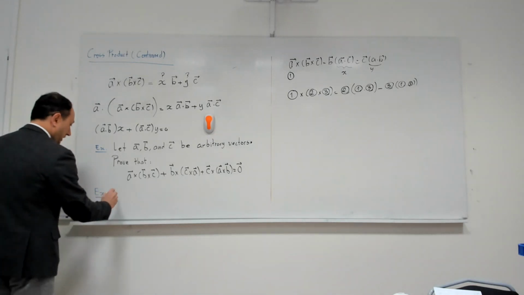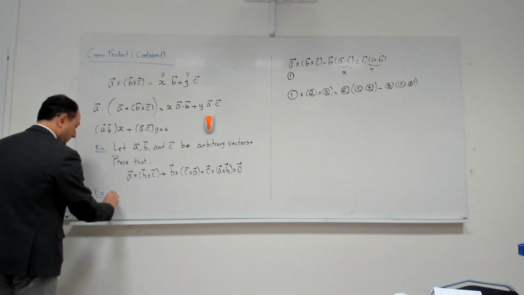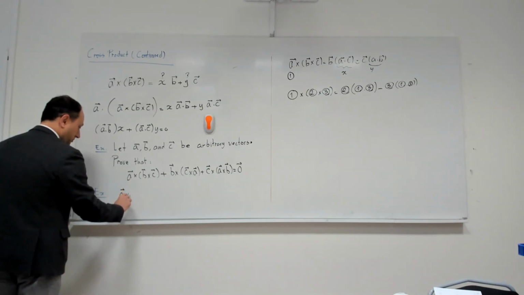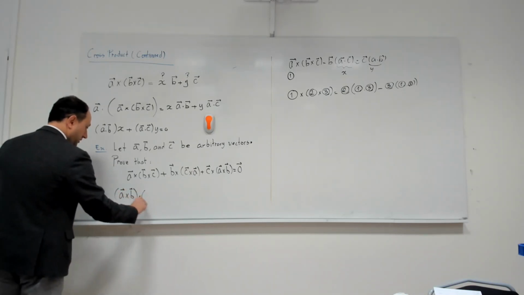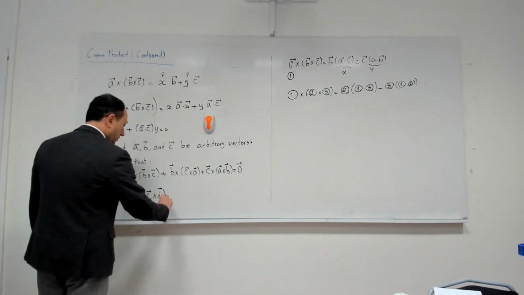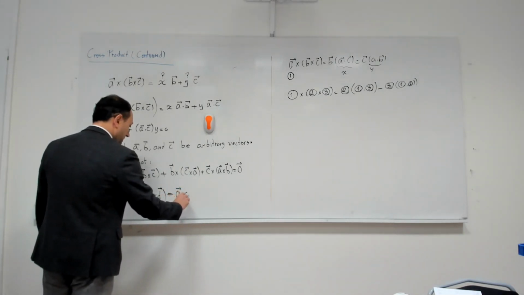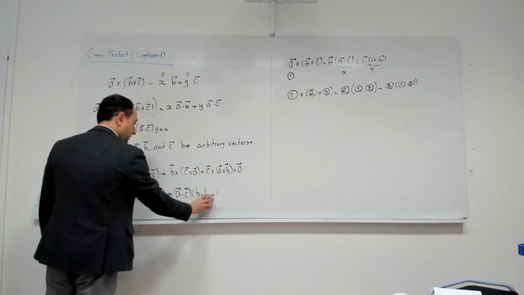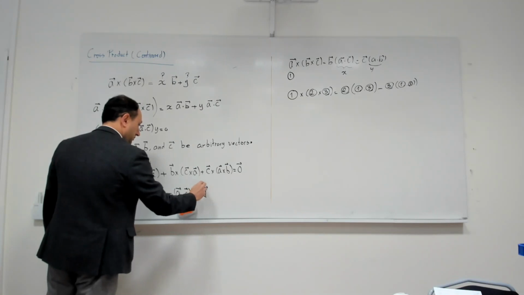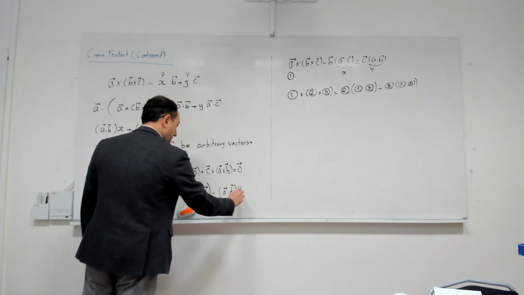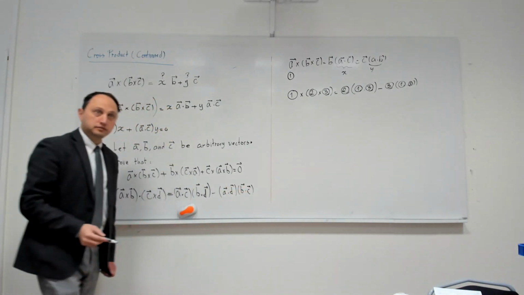We want to show that if I have four vectors, I want you to prove the formula for any four vectors: A cross B dot C cross D. I want you to show that this is equal to A dot C multiplied by B dot D minus A dot D multiplied by B dot C.